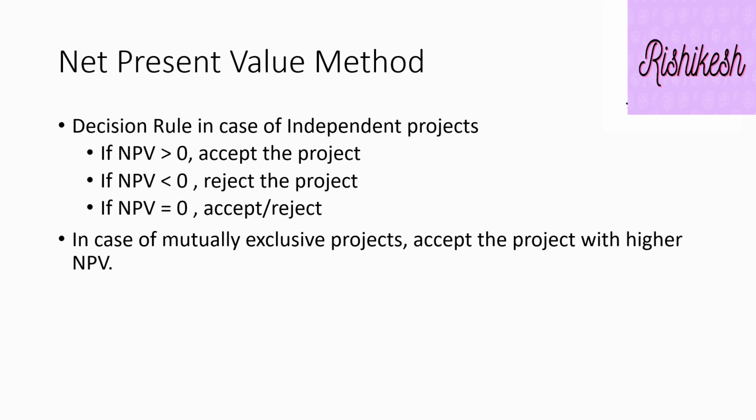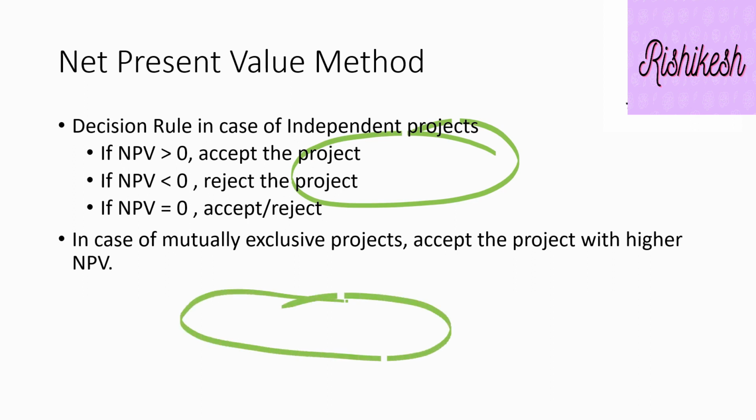Now, how to take decisions on projects? We will be discussing two things. First will be the independent projects that you have, and the second one will be the mutually exclusive projects. Independent project means the cash flow of one project doesn't depend on the acceptance or rejection of the other project, right? But in case of mutually exclusive projects, they do depend.